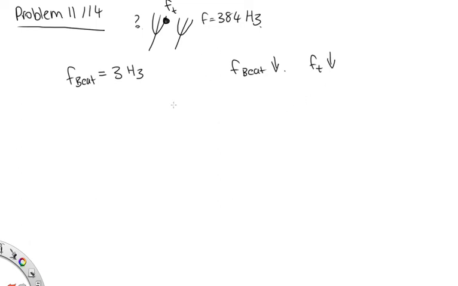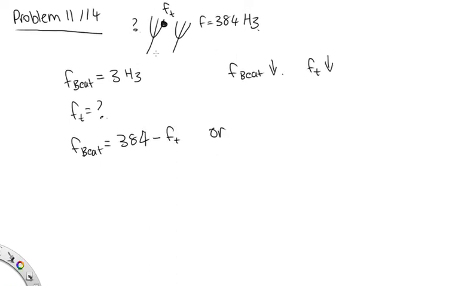And we're asked, what is the frequency of this tuning fork equal to? Now we know that the beat frequency is equal to the difference between the 2 tuning forks. So it's 384 minus FT, or if this tuning fork has a larger frequency, it will be FT minus 384.